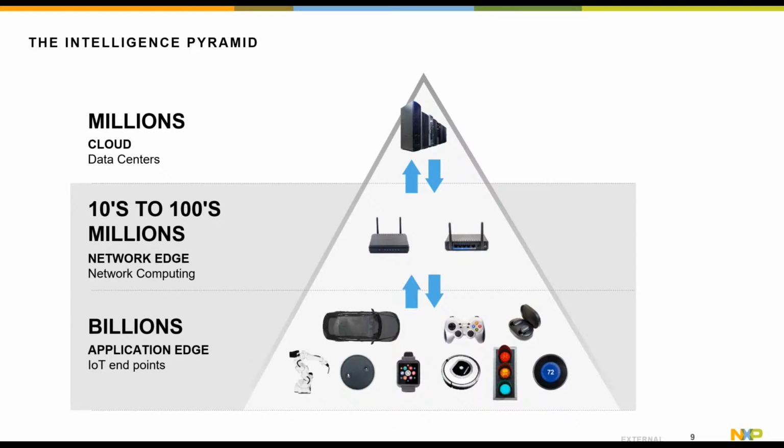So this slide talks about this idea of an intelligent pyramid, where you have these large data centers, which is not a huge amount of those around, but they're significant. And then there are the edge devices, and those are going to expand significantly, we believe. And at the bottom, there'll be billions of these edge devices. You're already seeing that.